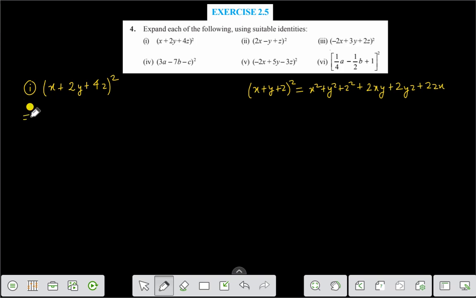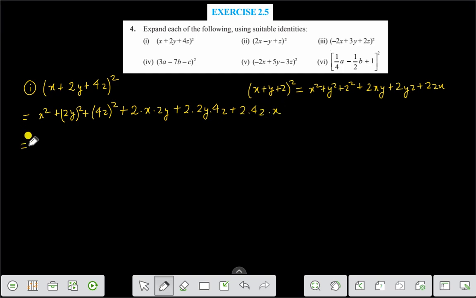That is x plus 2y plus 4z whole square. That can be written as x square plus 2y whole square plus z square is 4z whole square plus 2xy plus 2 into x into 2y plus 2yz, 2 into 2y into 4z, plus 2zx, 2 into 4z into x.